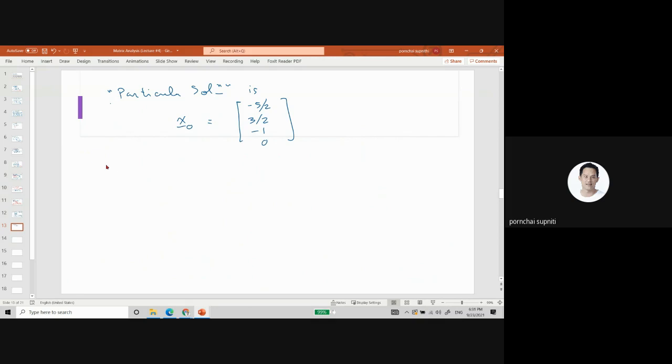Next, step number 2, we need to find the null space. For the null space, we can continue using the u as derived. So we will write the u like this. I just rewrite it in the echelon form.